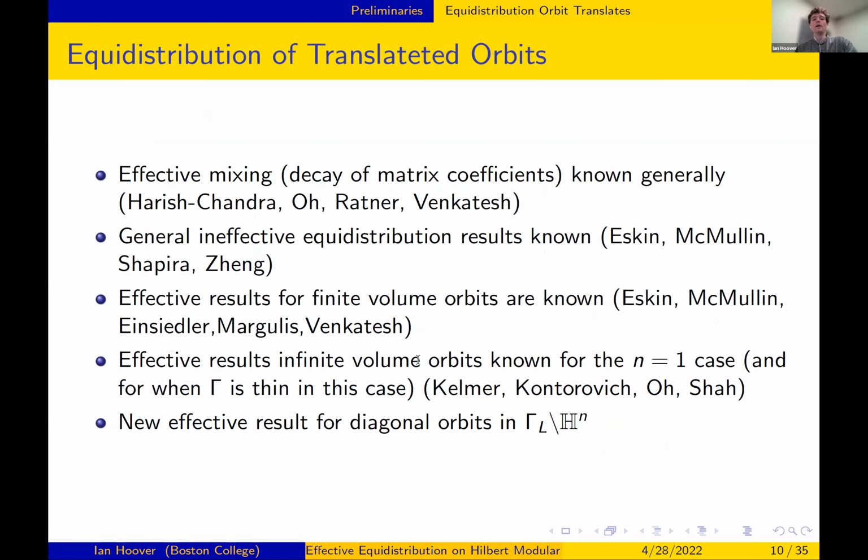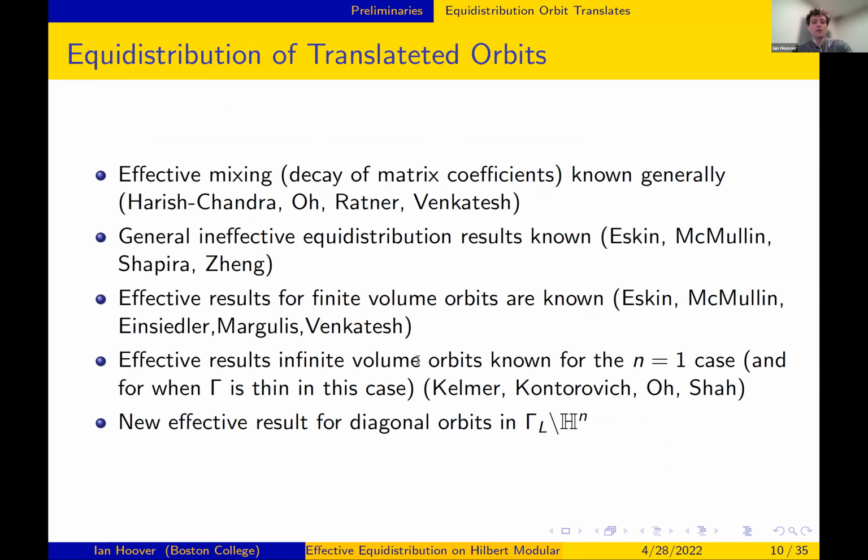In general, much more general than what I'm considering here, there are effective results for mixing properties, also known as decay of matrix coefficients. This sort of equidistribution is known to be true also, but not effectively in more general cases than what I'm considering.